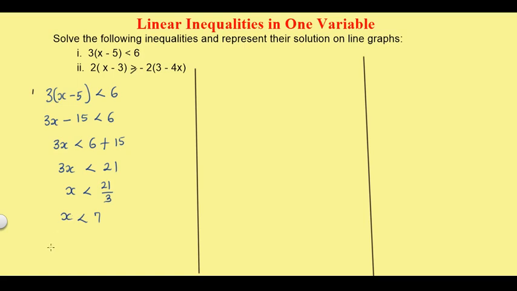Let's try to sketch this out. This one is telling us that the value of x is less than 7. So if this is 0, this is the graph of x. This is 7. Let's say minus 7.